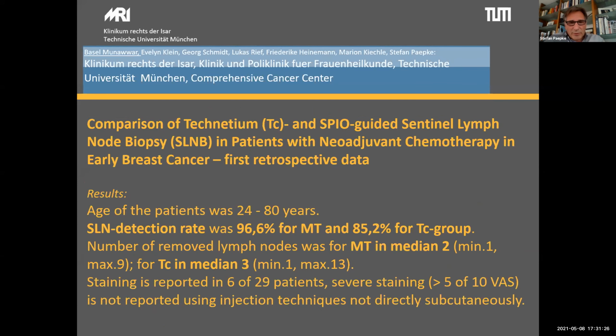The age of the patients in our data set was between 24 and 80 years, and the sentinel lymph node detection rate, which is in line with the literature with bigger patient sets, was 96.6% for the Magtrace group and 85.2% for the technetium group.